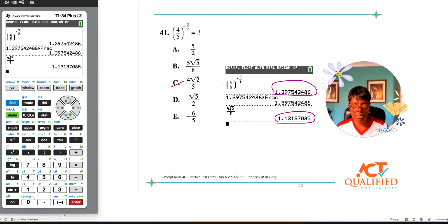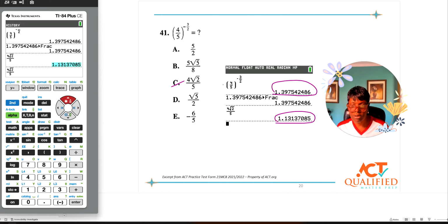I am simply going to recall my fractional value here and press enter to bring it into focus. I'm just doing this to save a couple keystrokes, guys. I am changing the 4 to 5, which is answer choice B, and tabbing down to my denominator and changing it to 8. Now press enter.